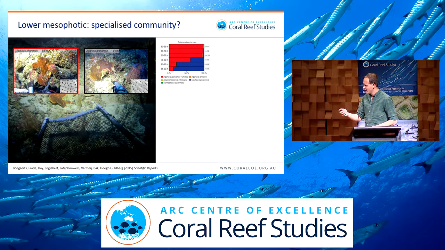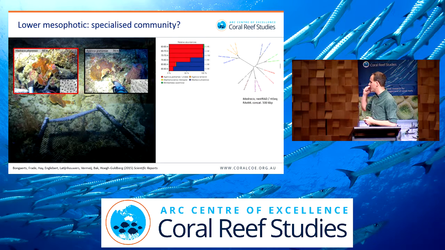Not really. But we also did a lot of sample collections, and so we sequenced the Madracis as well. And so this is again using that RAD-seq method, so we can actually look at tens of thousands of loci or concatenate them all, and basically found that the deep Madracis formosa is actually completely distinct from the shallow one, and in fact represents a distinct species that is a depth specialist, because we haven't found it on the shallow reef.